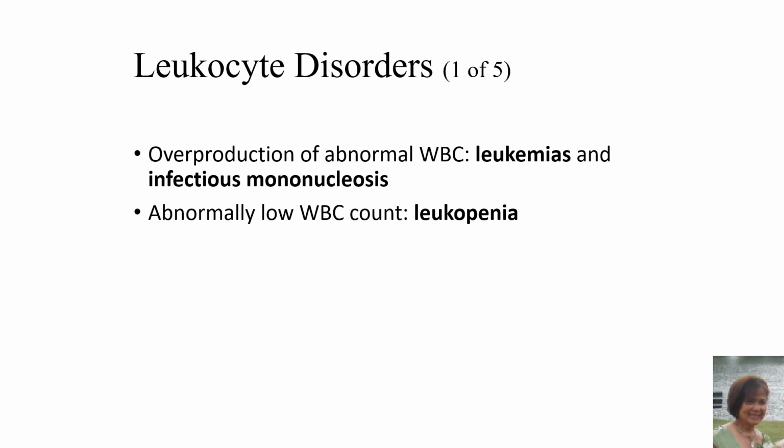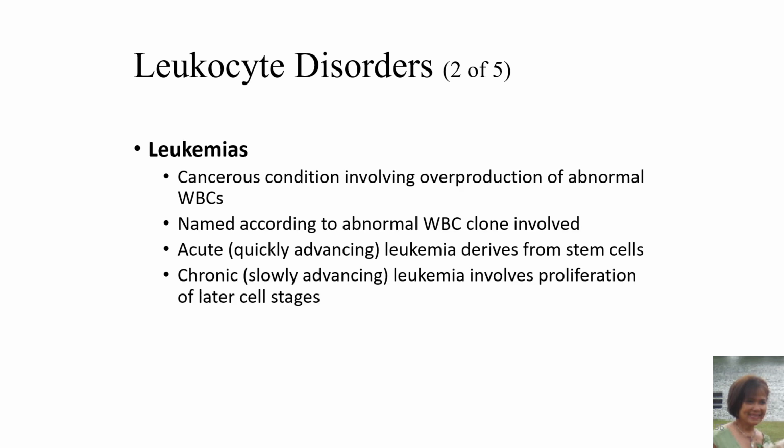And leukemia, if not corrected, is fatal. It's actually a cancerous condition and is brought about by overproduction of the abnormal white blood cell. And when you have a lot of white blood cell and they are voracious eaters, they're macrophages, they can kill your own red blood cell.